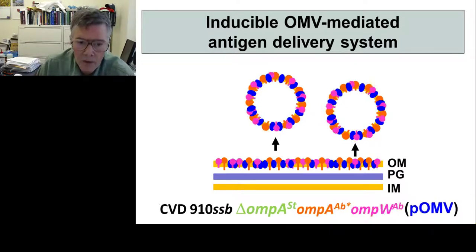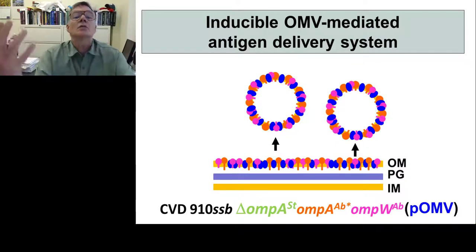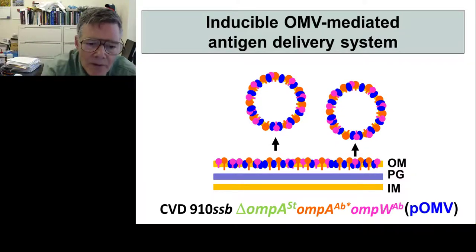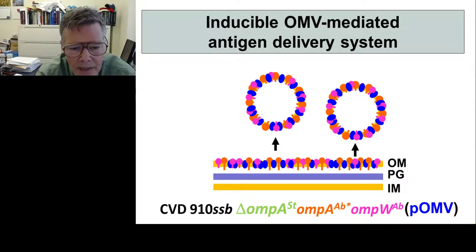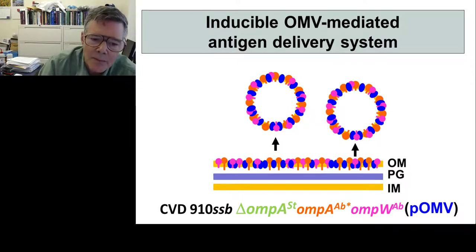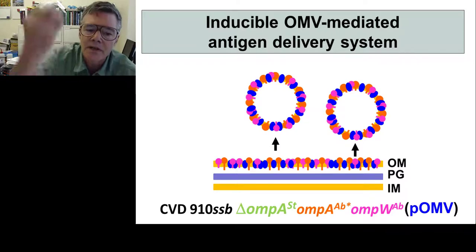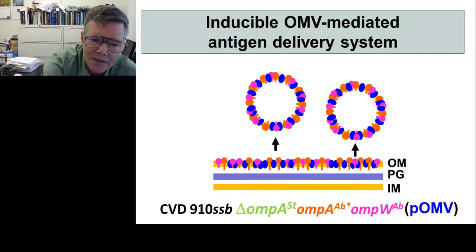All right, and here, this is the pièce de résistance. If you have delta AMP from ST, so that it's not making its own AMP, it's expressing foreign AMP from Acinetobacter instead, and outer membrane protein W from Acinetobacter baumannii, then you could get bivalent vesicle formation and delivery to the immune system. And this is what we're attempting to engineer.